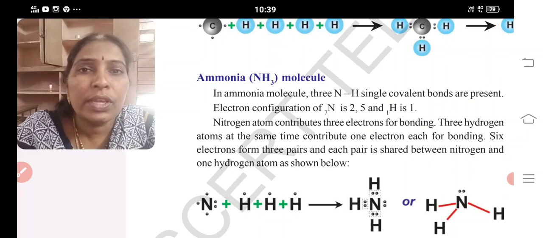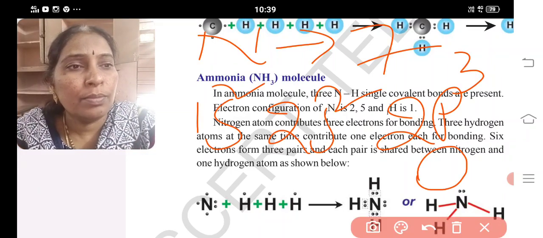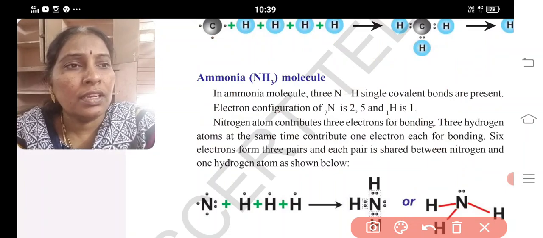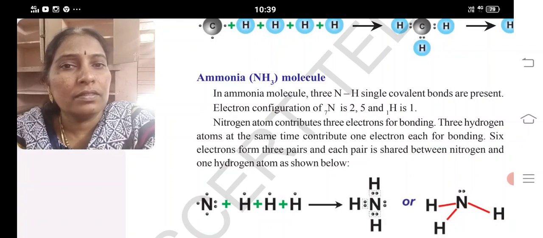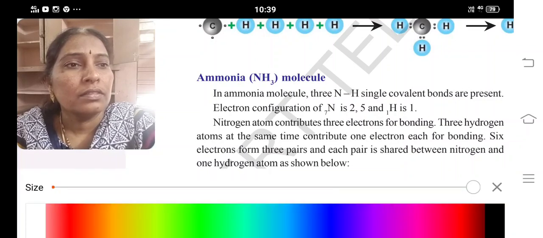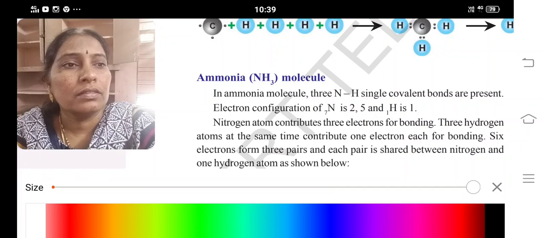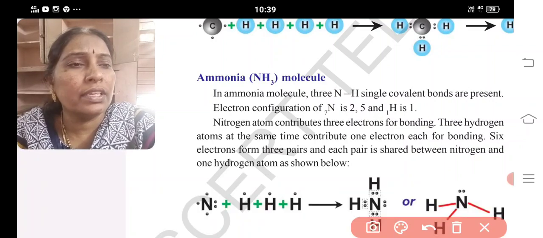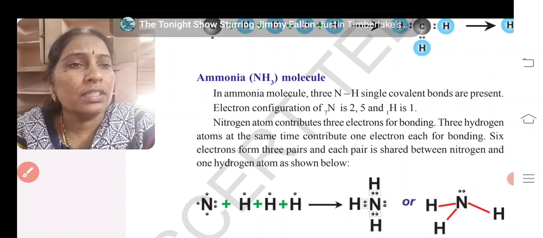By sharing, you can see here, children. See, this is how they are sharing. Let us see how they are sharing this. Let me check once.